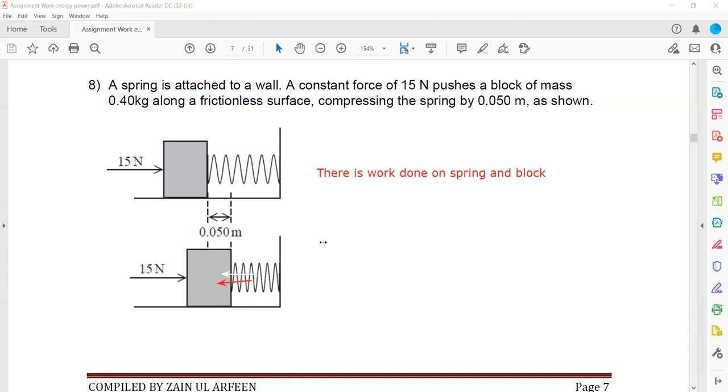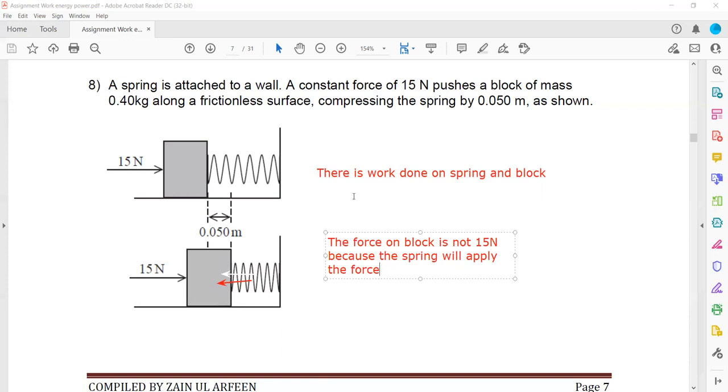So the force on the block is not 15 Newton because the spring will also apply a force.